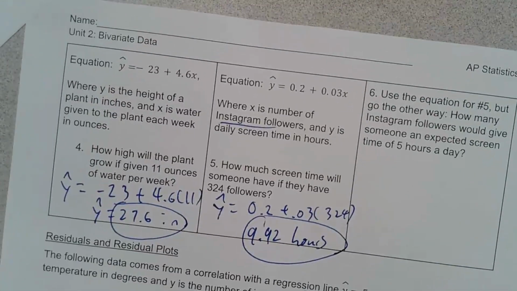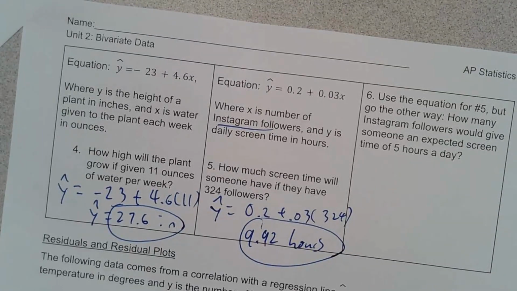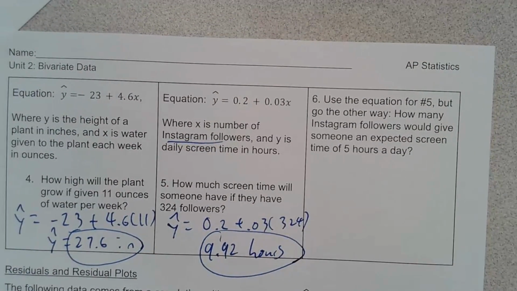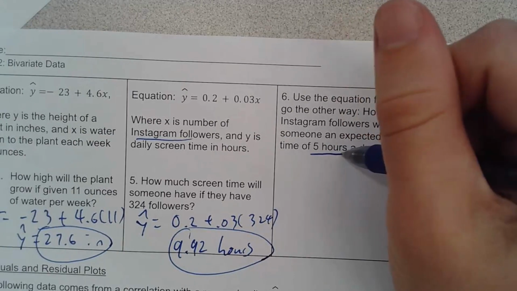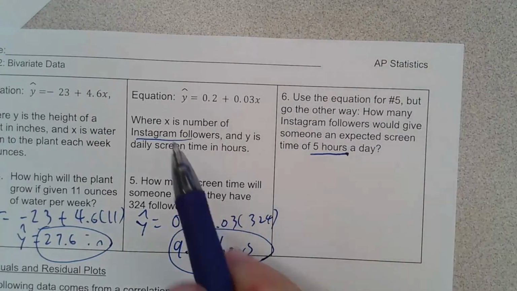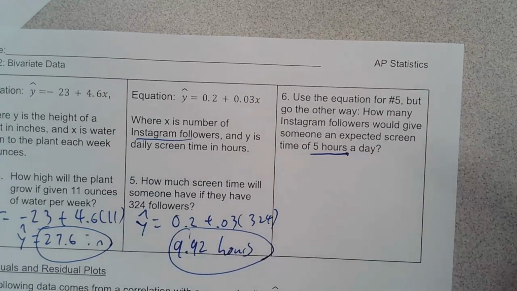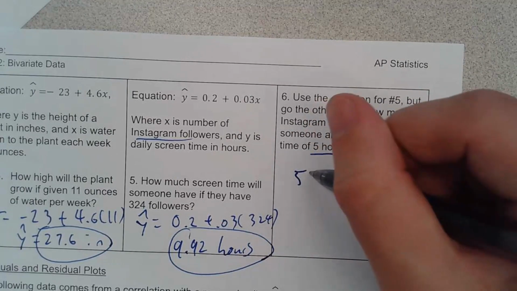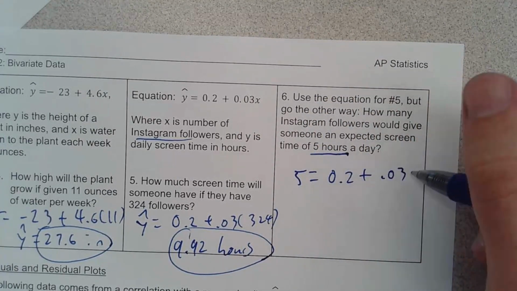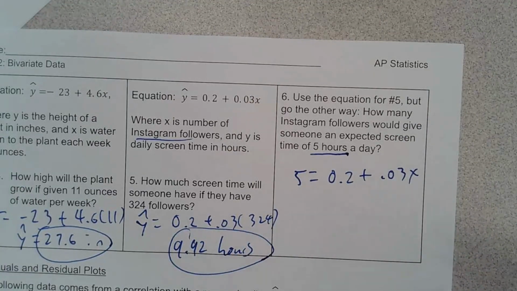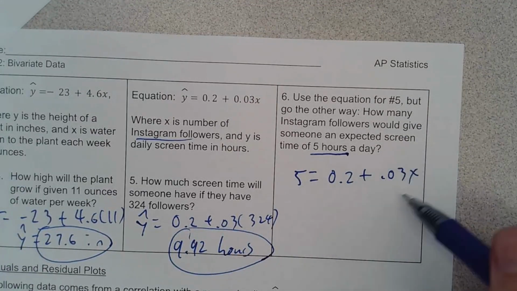Use the equation for number 5, but go the other way. How many Instagram followers would give someone an expected screen time of 5 hours a day? So here they're doing a switch. They're saying that the Y, the screen time, is going to be 5. So 5 equals 0.2 plus 0.03x. So in this case, you're actually going the other way, and we're trying to get x alone.